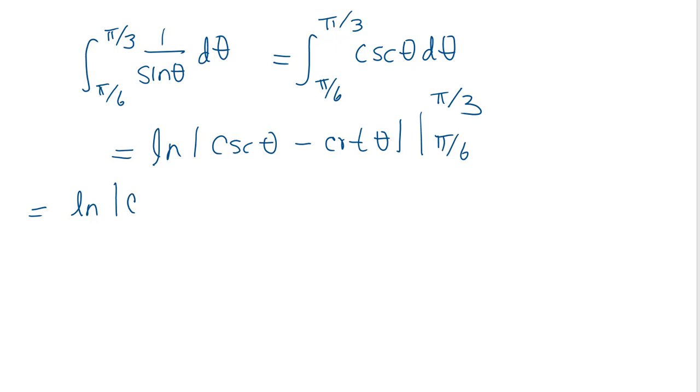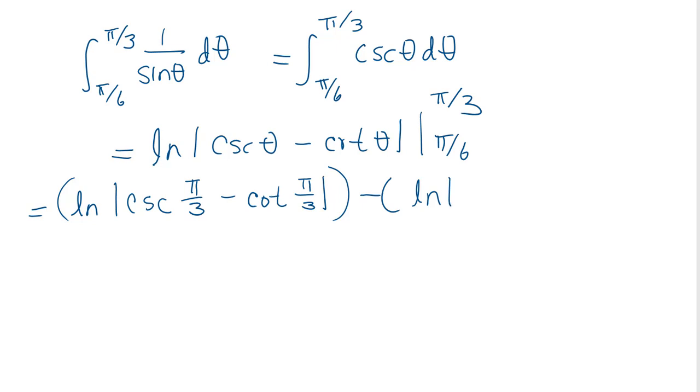In the ln, for the first part, we evaluate at pi over 3: cosecant of pi over 3 minus the cotangent of pi over 3, and we'll put all of that in parentheses, minus, evaluate again, but this time at pi over 6: cosecant of pi over 6 minus the cotangent of pi over 6.